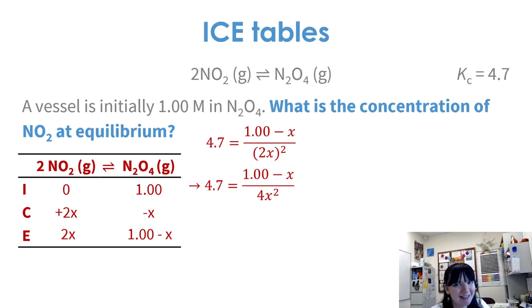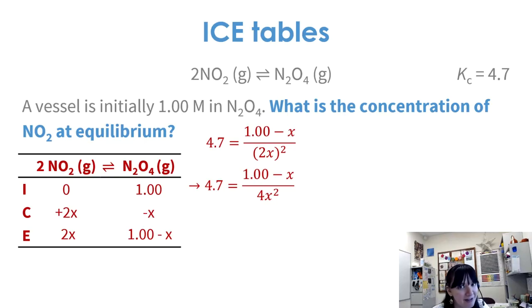Pay attention and be careful, especially whenever we have, say, a squared concentration or a cubed concentration. Oftentimes, the concentration itself is going to have not just x in there, but 2x or 3x or whatever. So in this case, we've got 2x, that's the concentration. That whole thing is squared. And so when we square that, we want to make sure that we're squaring not just the x itself, but we're squaring the number in front of x as well.